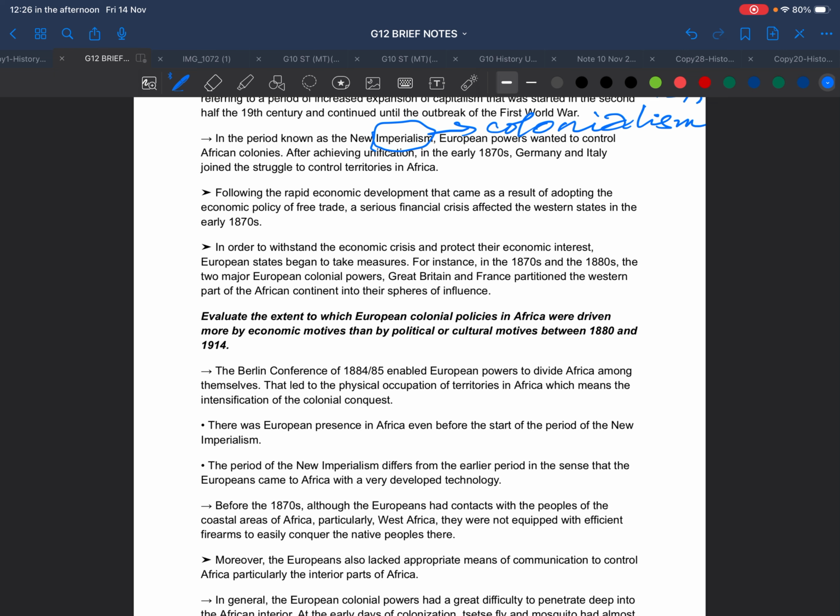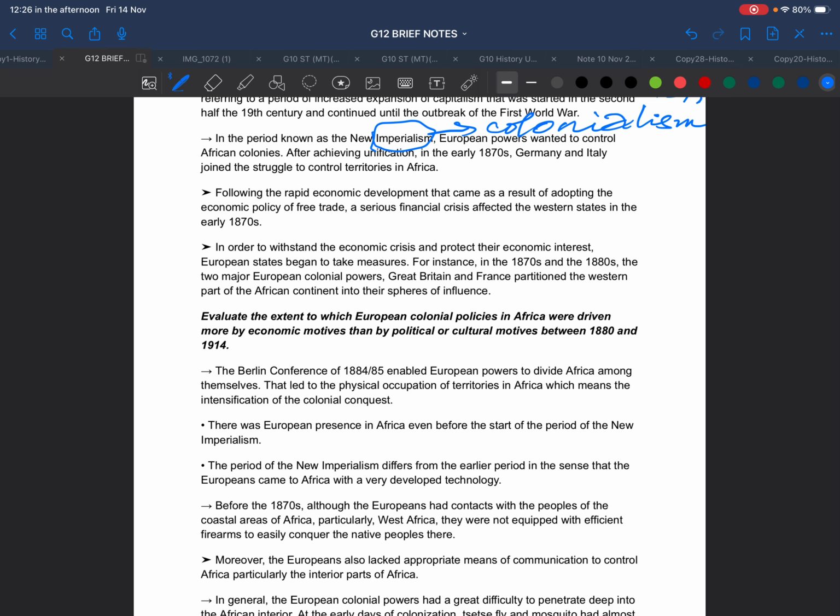Imperialism came to Africa, for instance, to begin with colonialism, meaning controlling African lands and the people, and amassing abundant profits out of it. European powers wanted to control African colonies.